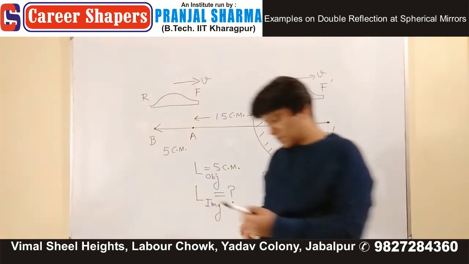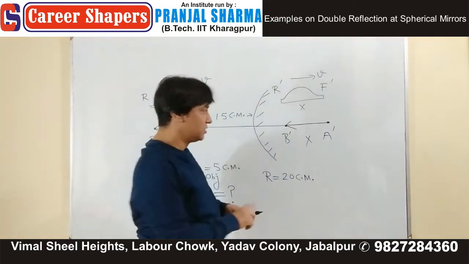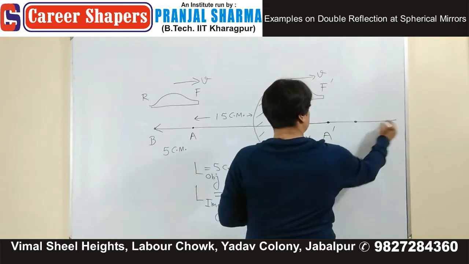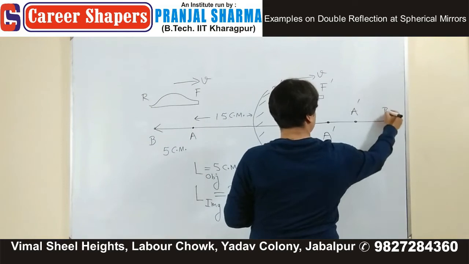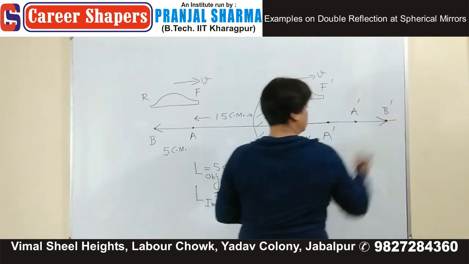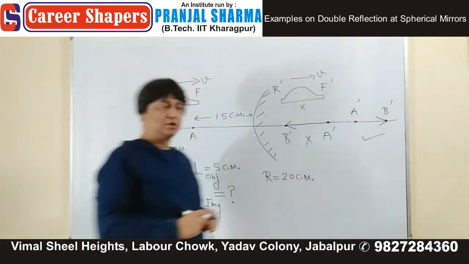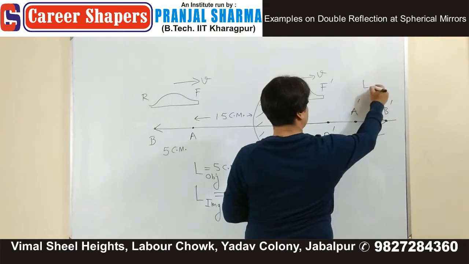Now, as we know that the image is not going to be formed in this manner, that's how it's going to form. A dash, B dash. This is the image. Correct presentation.